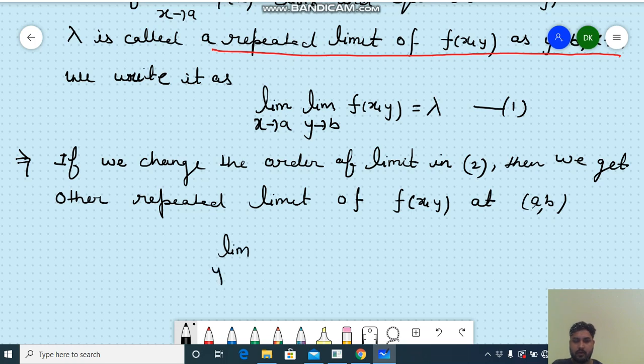After changing the order of limit, we get limit y tends to b, limit x tends to a of f(x,y), and we say this is equal to lambda dash.